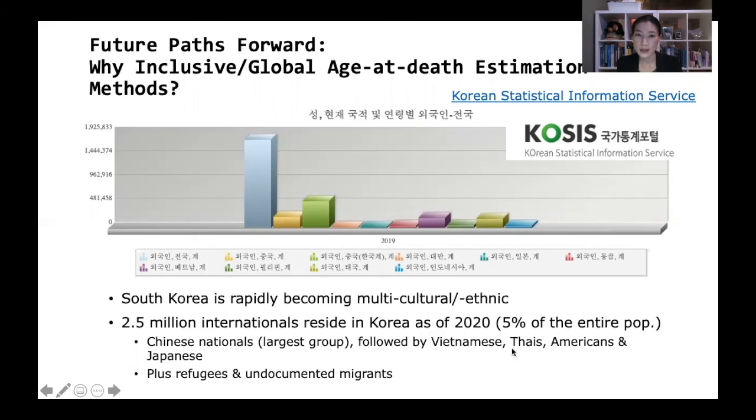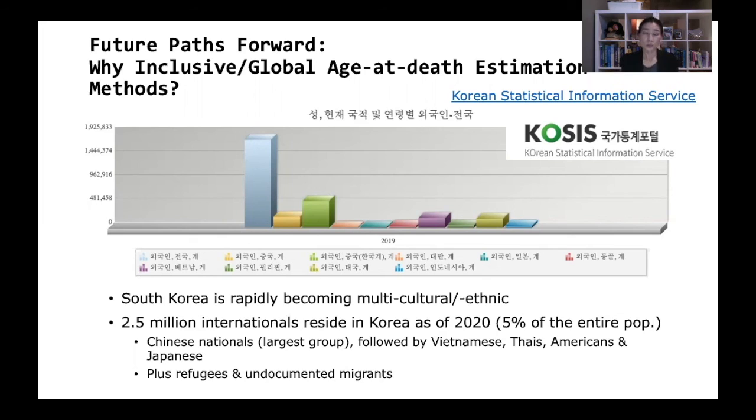This little blurb is what I got out of a recent news article, I think published by Yonhap News in early 2020, so this year. It says that 2.5 million internationals now reside in South Korea, and that is 5% of the entire population. I think that is definitely not a negligible number.